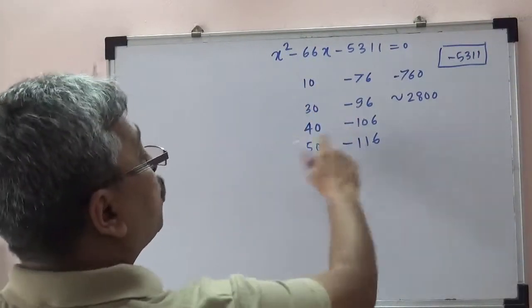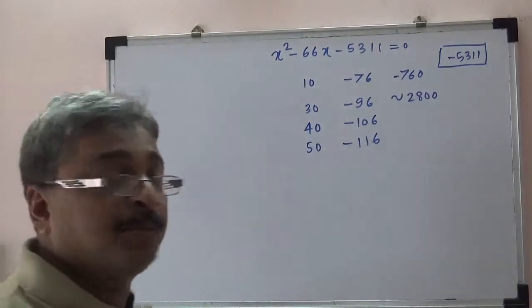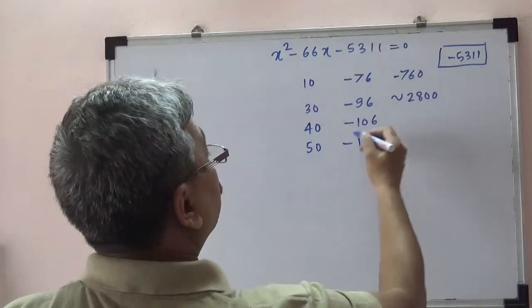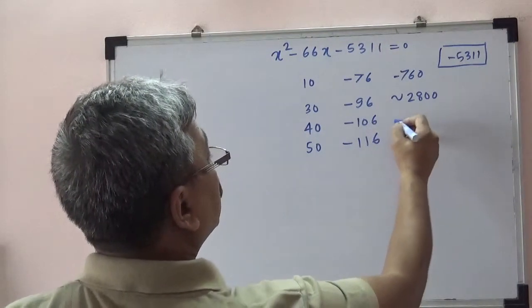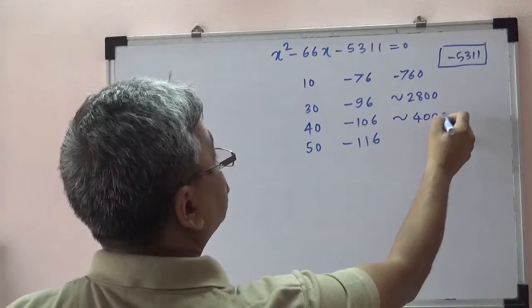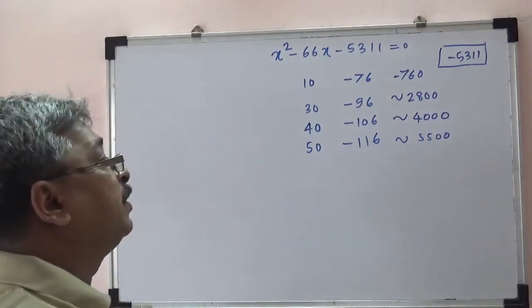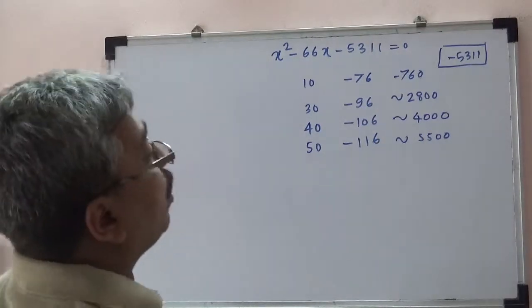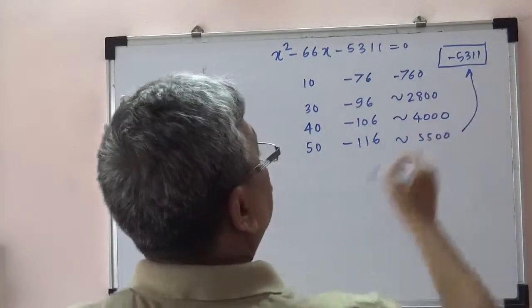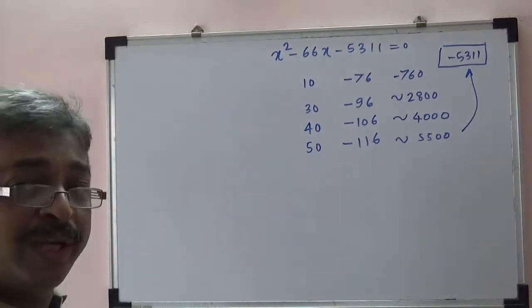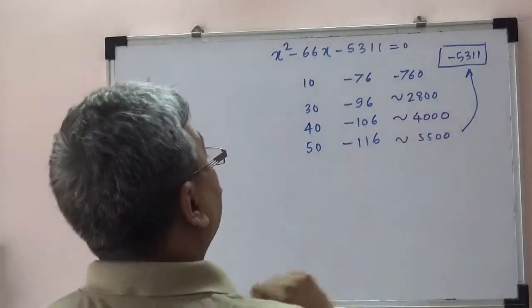Okay, one pair is 40, minus 106 and second pair is 50, minus 116. Now I observe this is around 4000 and this is around 5500, and now I observe that 5311 is very close to 5500 compared to 4000.